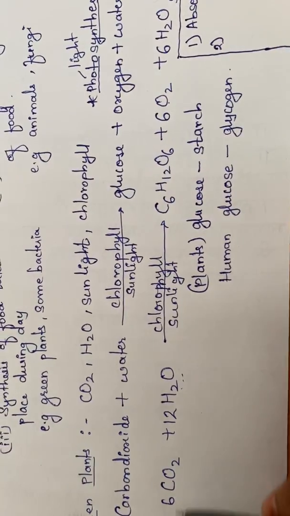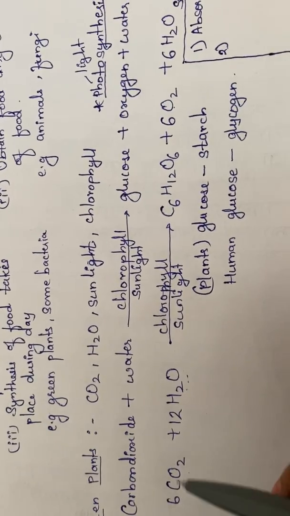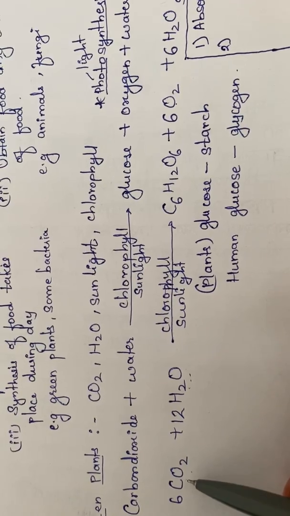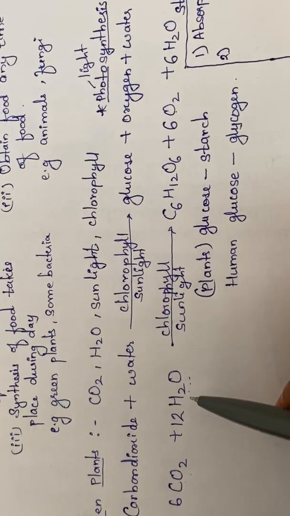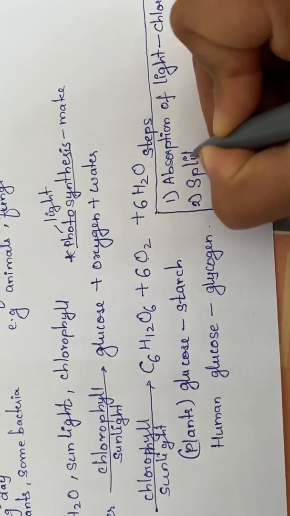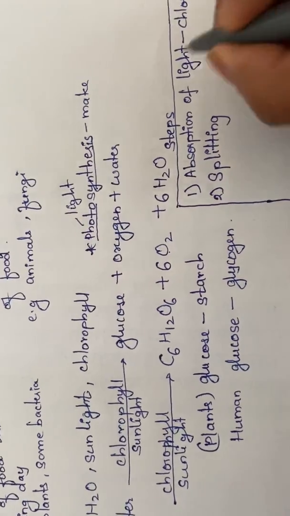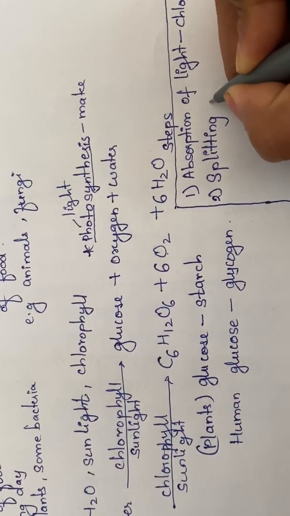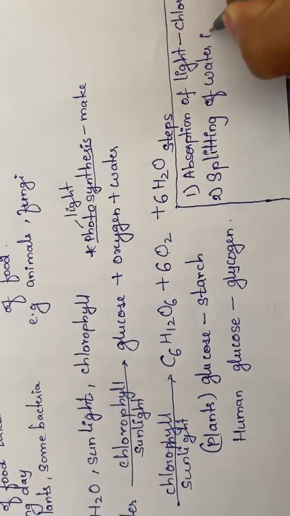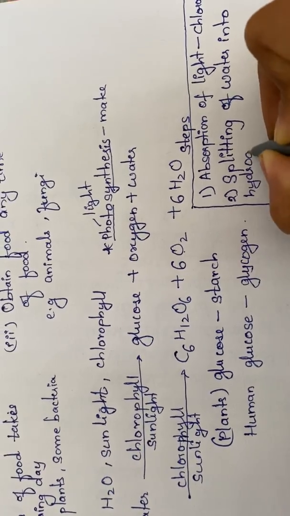You should not think that since carbon dioxide also has oxygen in it, the oxygen liberated in photosynthesis is obtained from carbon dioxide. No, it is obtained by splitting of the water molecule. So after light energy is absorbed, the water molecule gets split into hydrogen and oxygen.